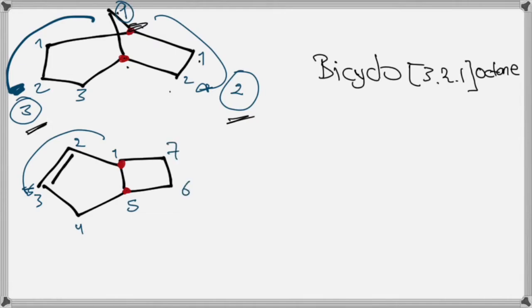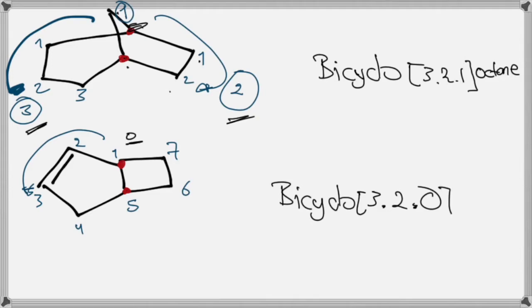So by naming it really fast, at the end we're going to end up with bicyclo [3.2.0], because here's 3, 2 here, and 0, because there is 0 in the middle.